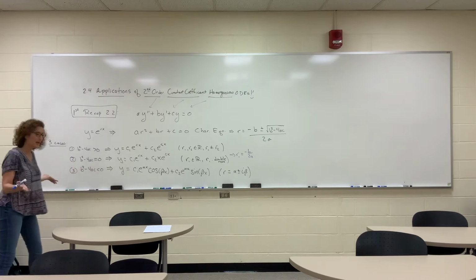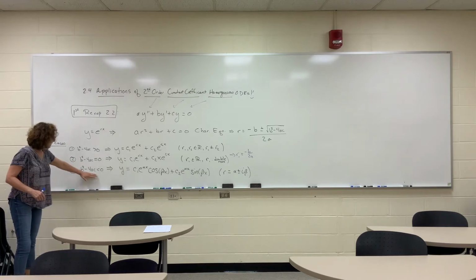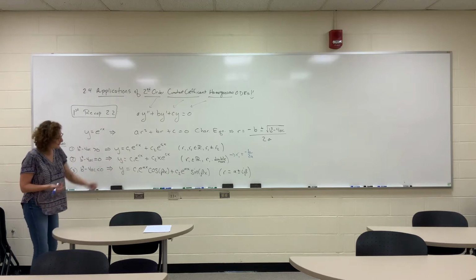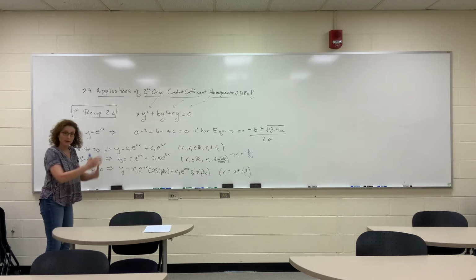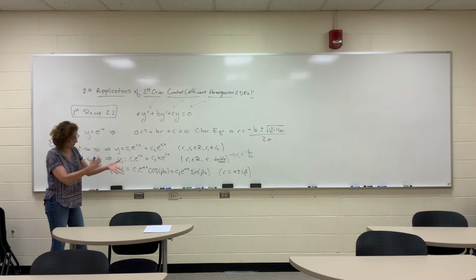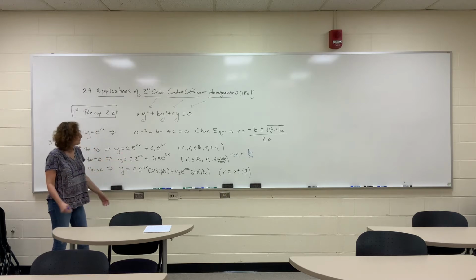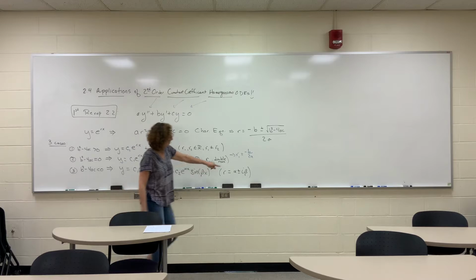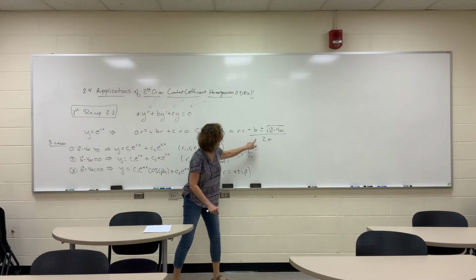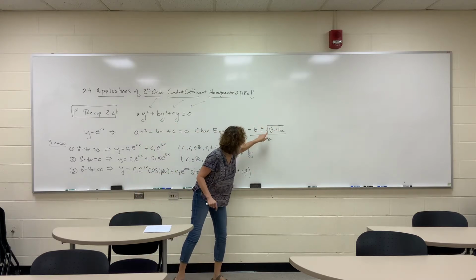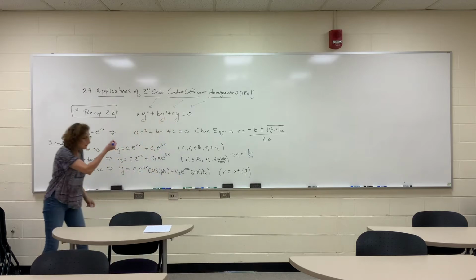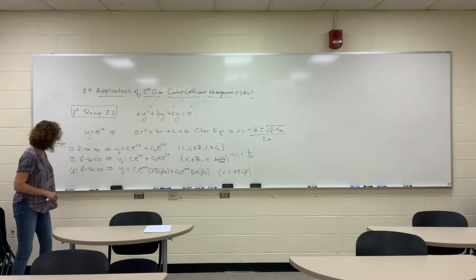And then the third case, when we have this quantity negative, we get complex conjugate roots, alpha plus and minus i beta, whatever those turn out to be when you're solving. This is alpha, and beta is that with the negative sign, so they get the square root.